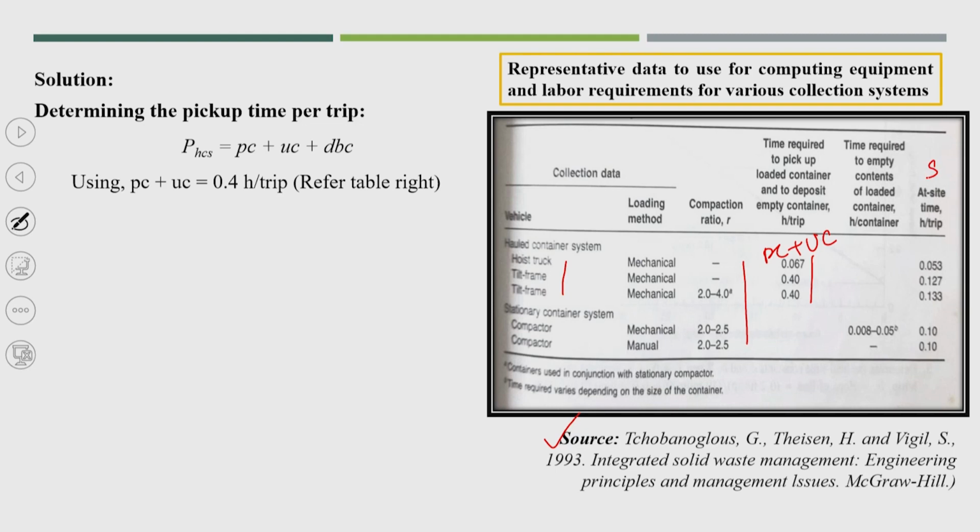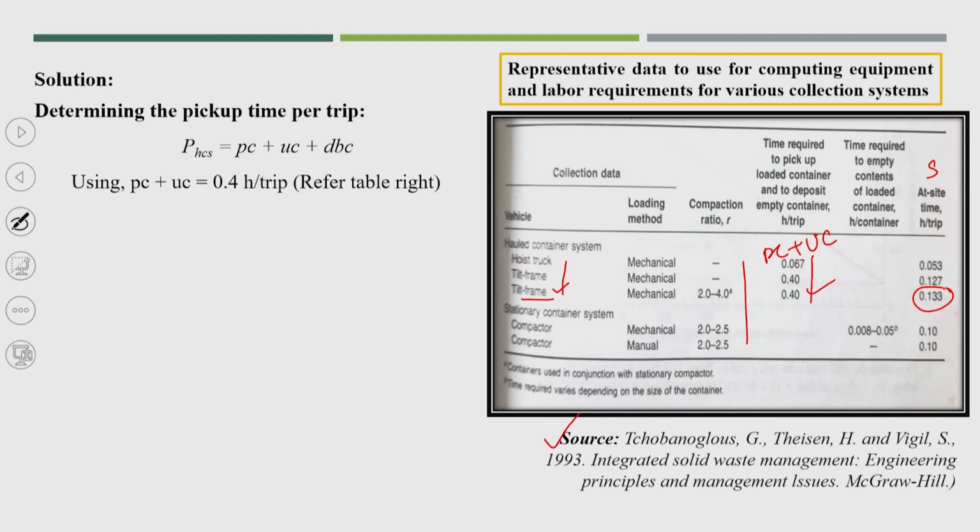Here in the problem it will be given what kind of vehicle has been used. Here we used the tilt frame. So, we took the value of PC plus UC as 0.4 hour per trip, and the at-site time we will take as 0.133.